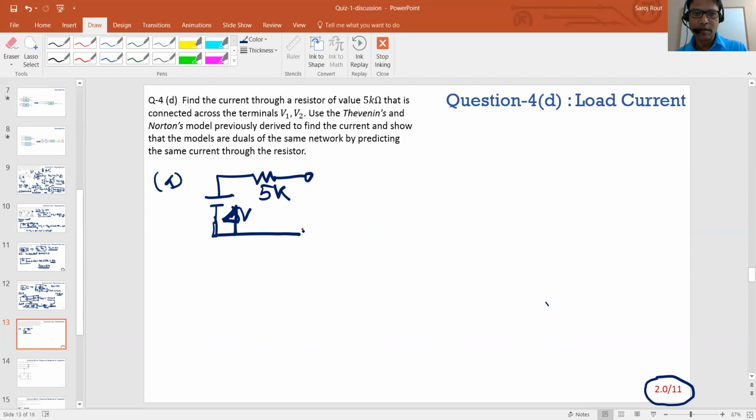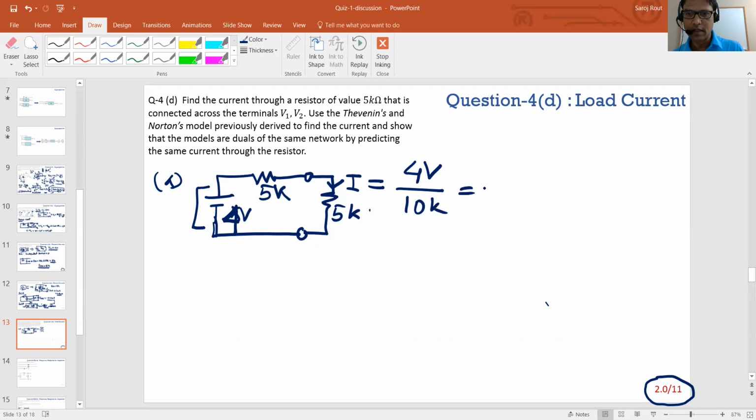So the question was, if I put a load of 5K here, what's the current through this? And this I is nothing but this 4 volts across the series resistor, because there's only one branch here. So that's 10K, that's 0.4 milliamps, right?